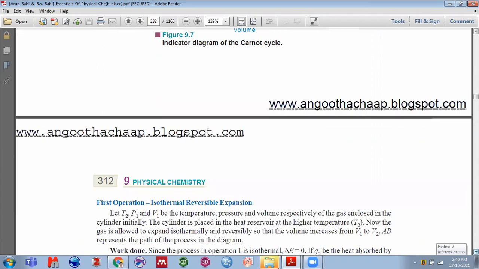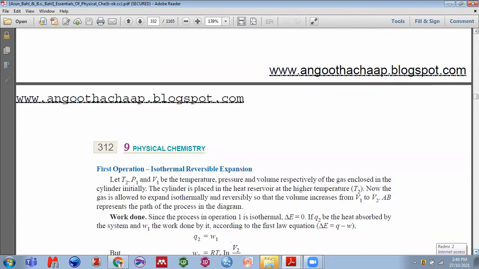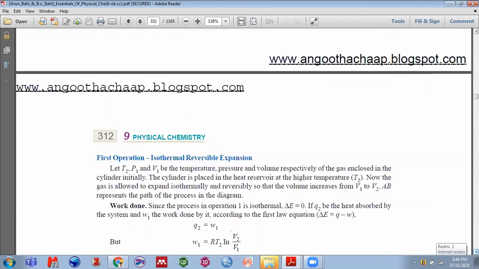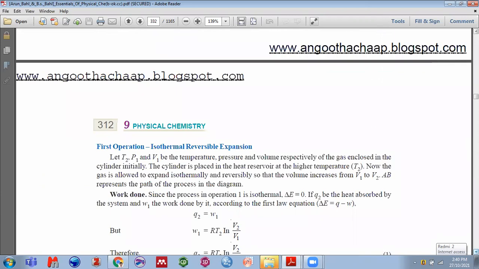First operation, isothermal reversible expansion. The gas is initially at P1, V1, T2 state, and is placed over the source at T2. External pressure is infinitesimally reduced.